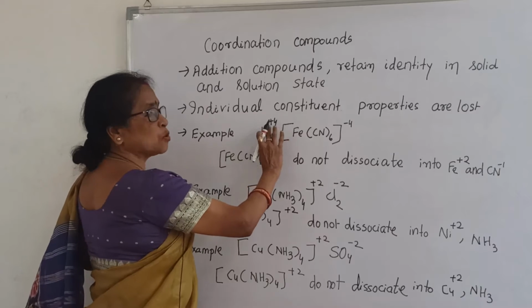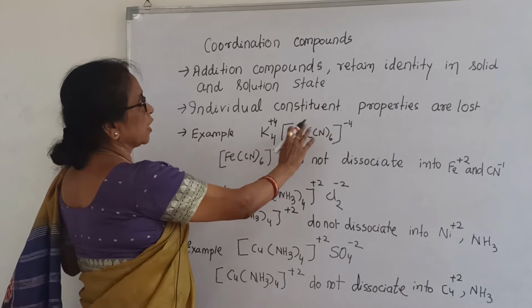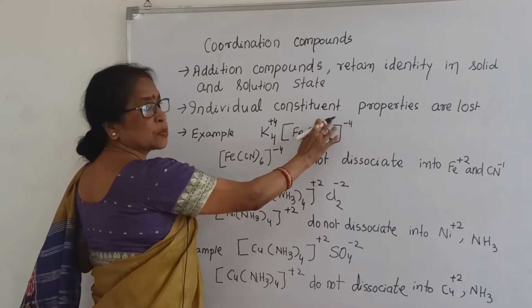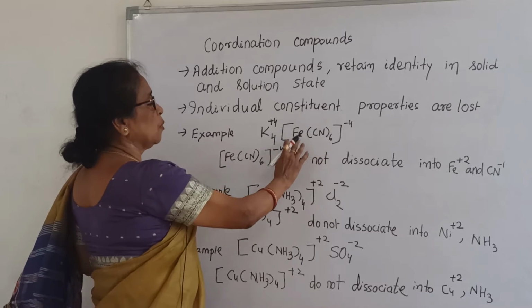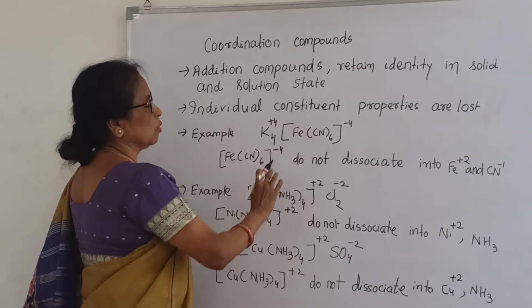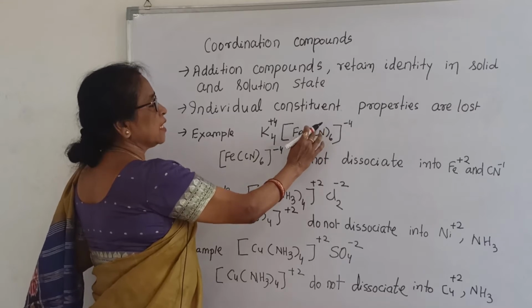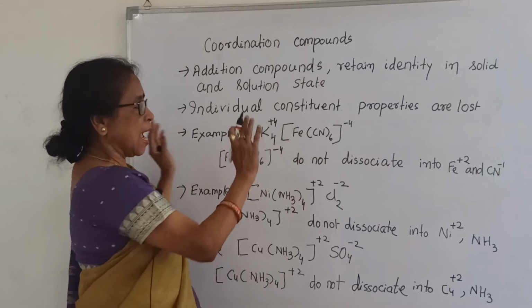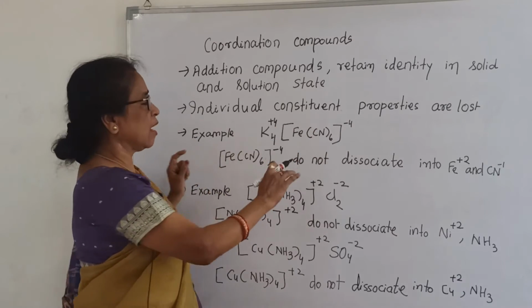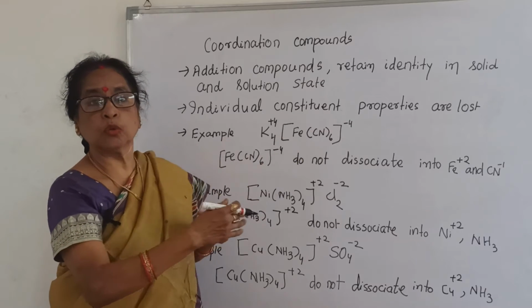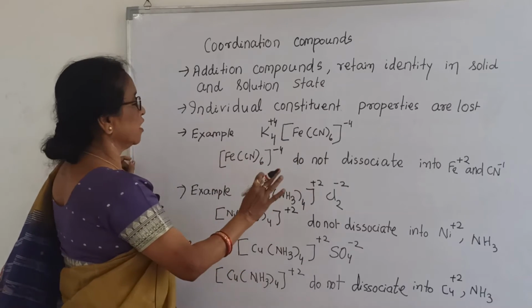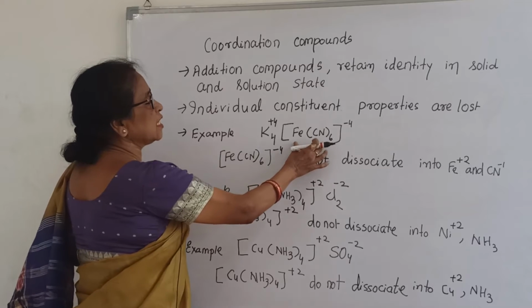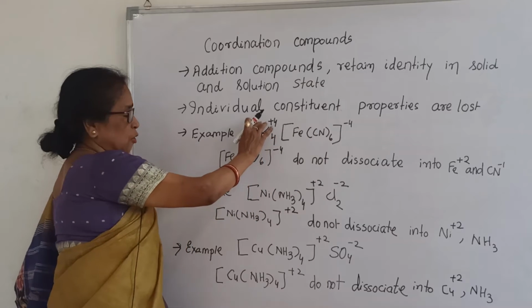To counteract it, that is minus 4. Here Fe is plus 2 and CN is minus 6, that is why it is minus 4. I will clear this again when I go to nomenclature. For now just remember this is minus 4, this is plus 4.